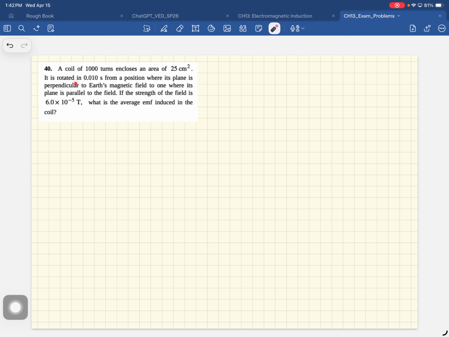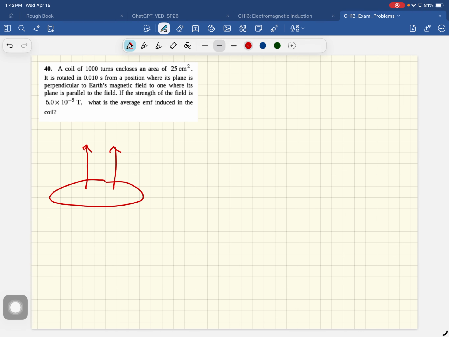So the induced voltage is 0.5 Tesla, 5 centimeters, and 8 meters per second. So you're moving the rod fairly fast. 8 meters per second is roughly how fast a person can run.